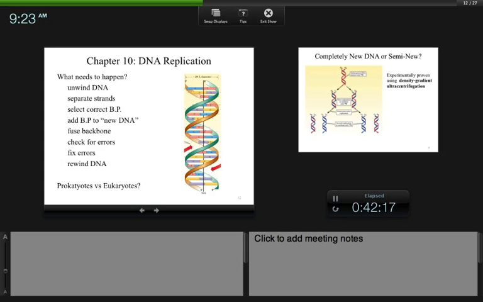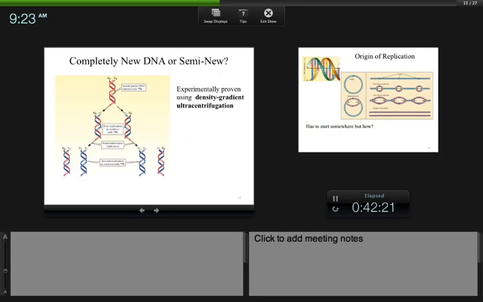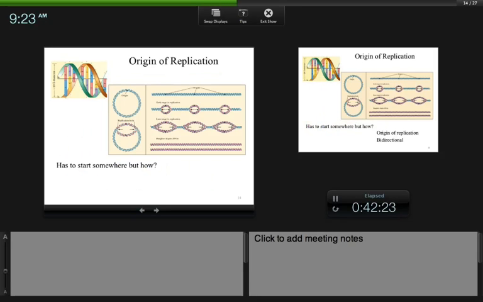Which one's circular and which one's linear? Prokaryotic is circular. Here's the figure. You've got eukaryotic on the right, and you've got prokaryotic on the left. I know there's a difference with replication, because it's not going both ways in eukaryotic, isn't it?